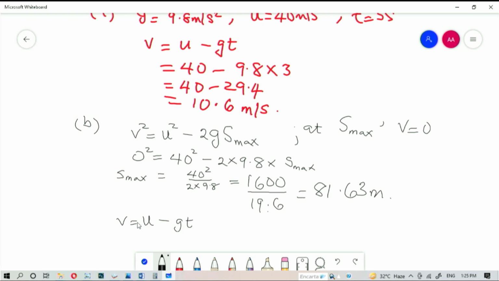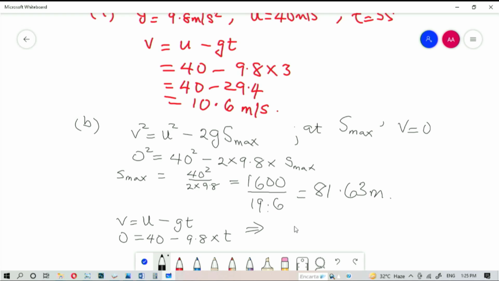Having calculated our velocity, which is 0 at the maximum height, we substitute 0 equal to the initial velocity, given as 40, minus 9.8 times t. Then we make t the subject of the formula.